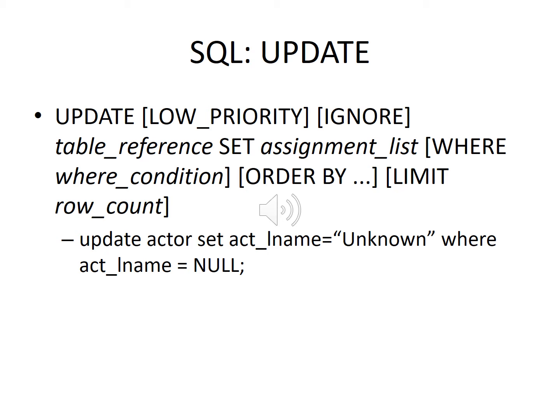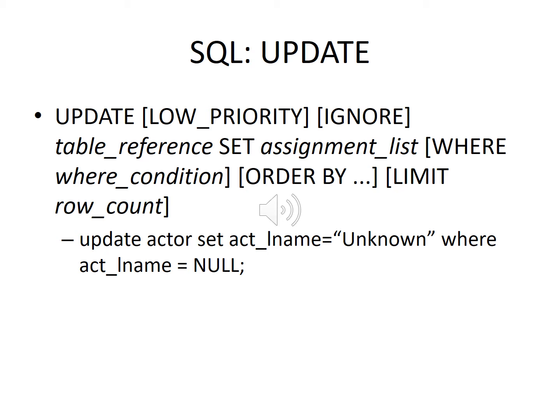By the way, missing values in a relational database, specifically in MySQL, are indicated as nulls. So what we need to do is find all null values in the column actor's last name, in the table actor.